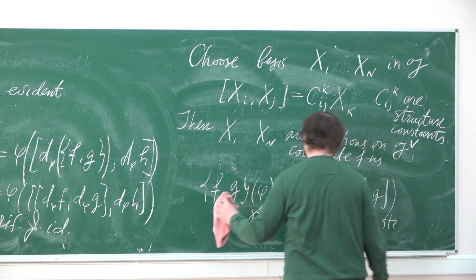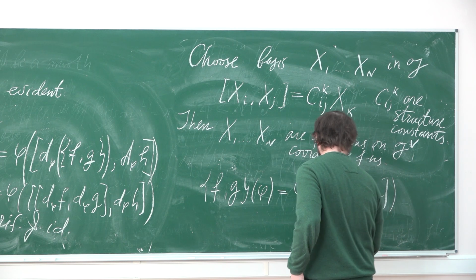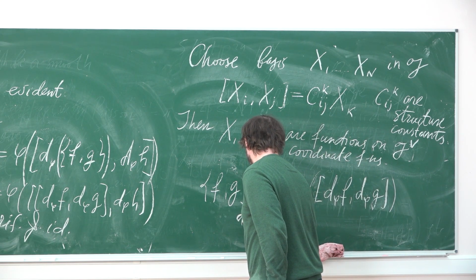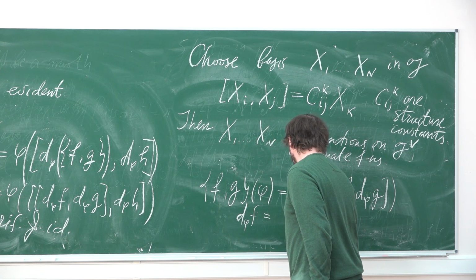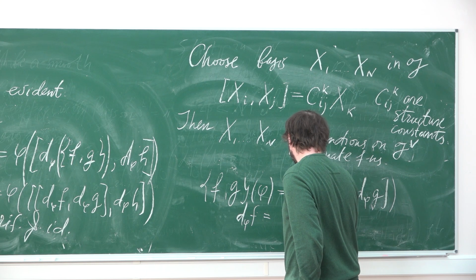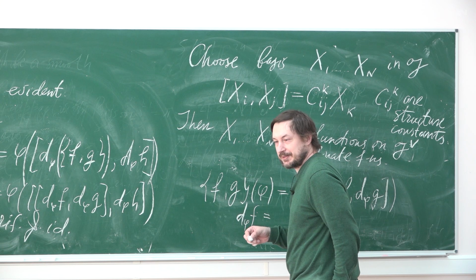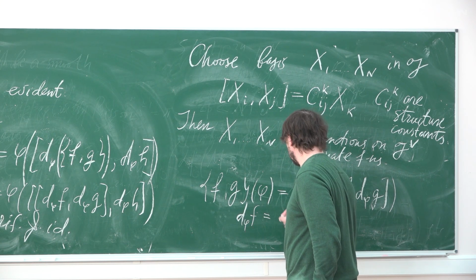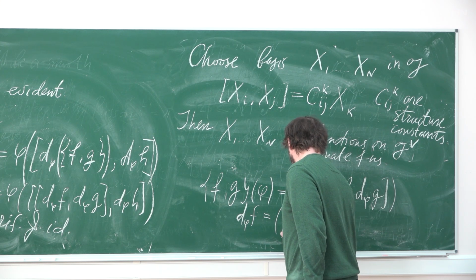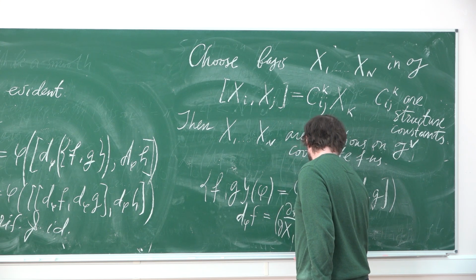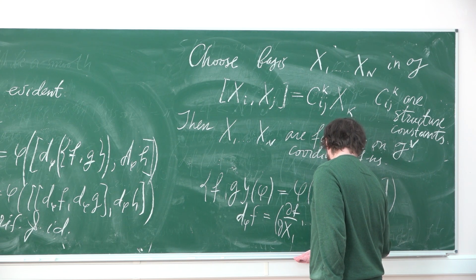So what is d phi of f? It is just a vector, kind of. It's just the collection of partial derivatives of f with respect to these coordinates. So it's just something like this: df dx1, df dxn. Right?